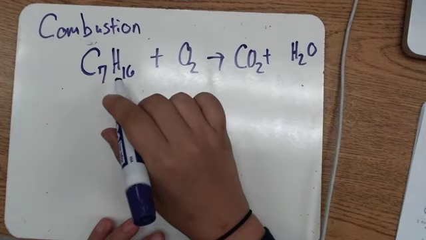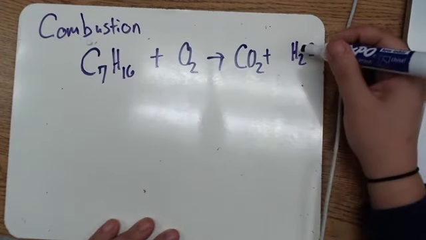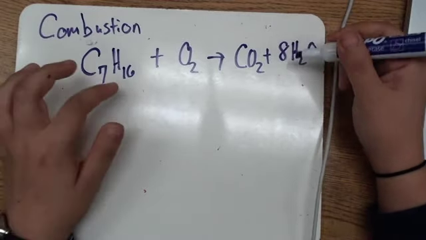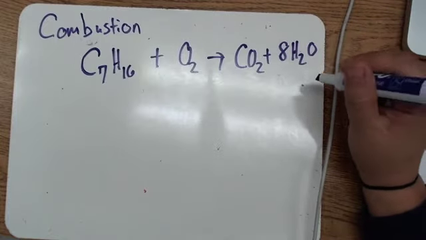When I look at hydrogen here, 16, 2 times 8 is 16. Because this is an even number, I'm good. Now I can balance out the rest of the equation.